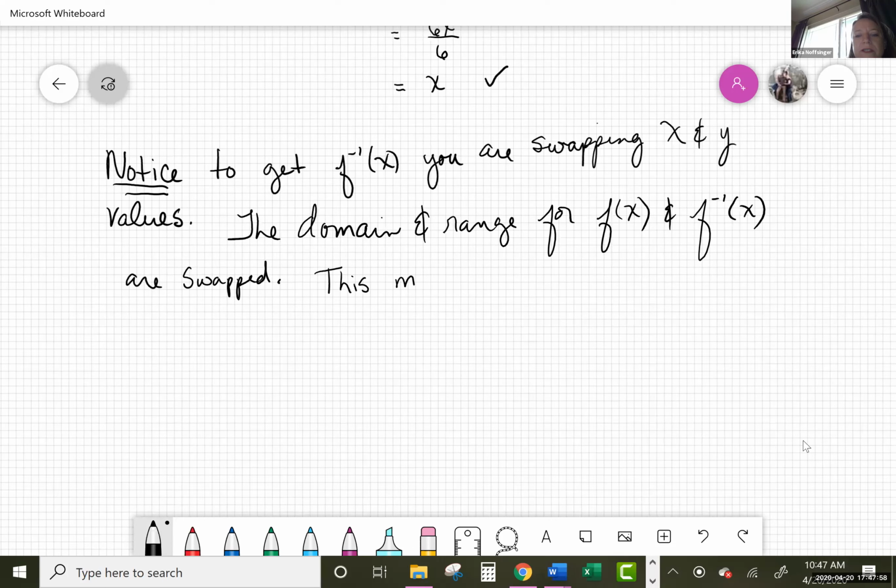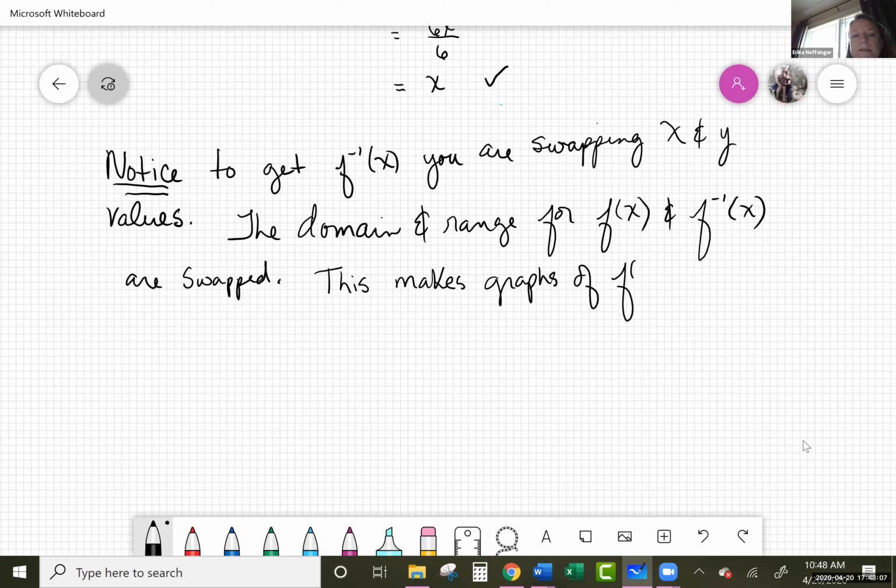This makes the graphs of f of x and f inverse of x symmetrical across the line y equal x.